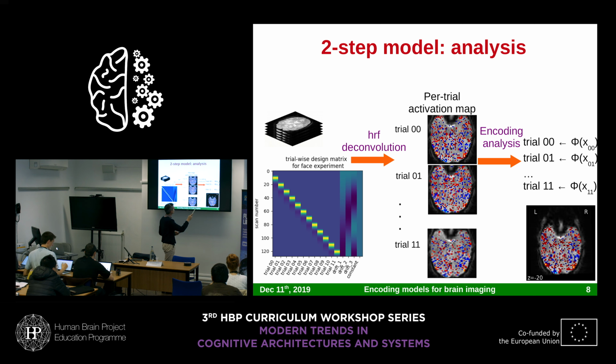And you will relate this phi of x to the activity that was recorded for trial 0, trial 1, and so on, trial 11. And probably you need many more trials to make a comprehensive analysis, but that's the idea. Is that clear? Yeah? Okay, so this is how people do in reality when they do this type of analysis.